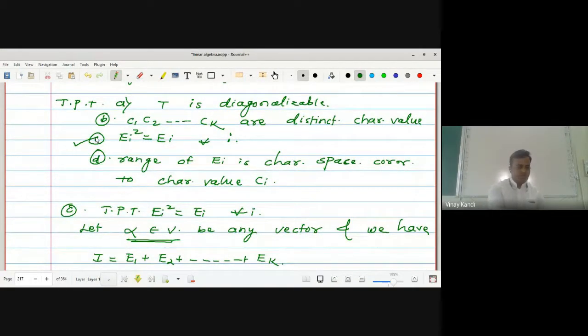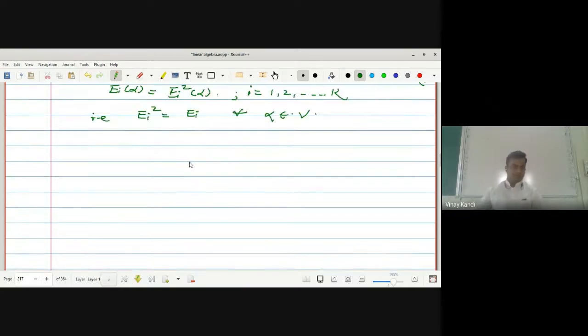Now we are going to prove the B part. What is B? C1, C2, up to Ck are the distinct characteristic values. Prove that C1, C2, up to Ck are characteristic values.